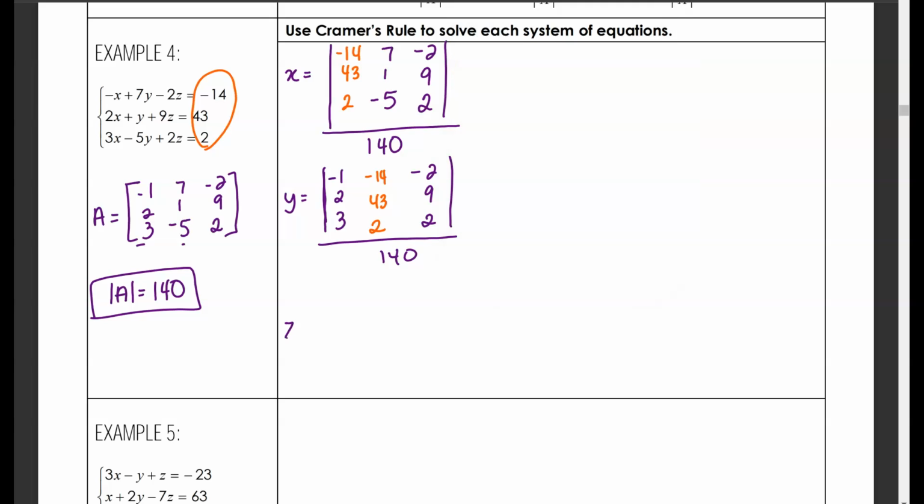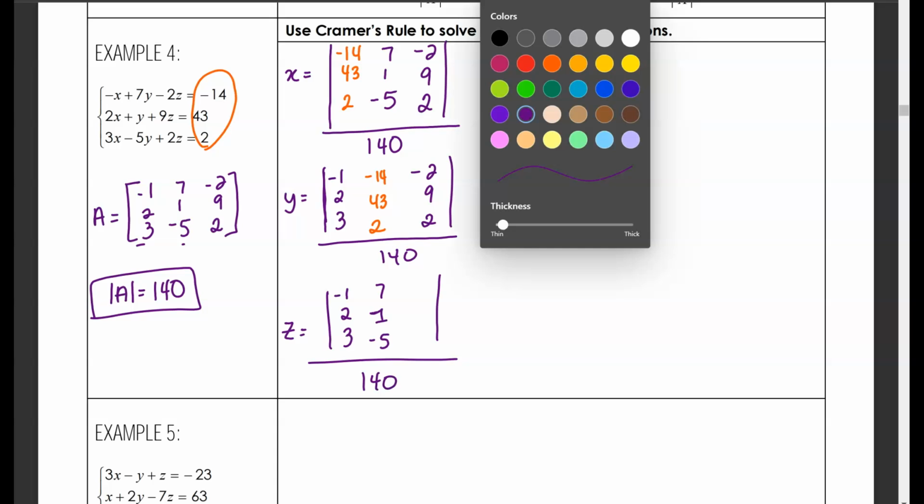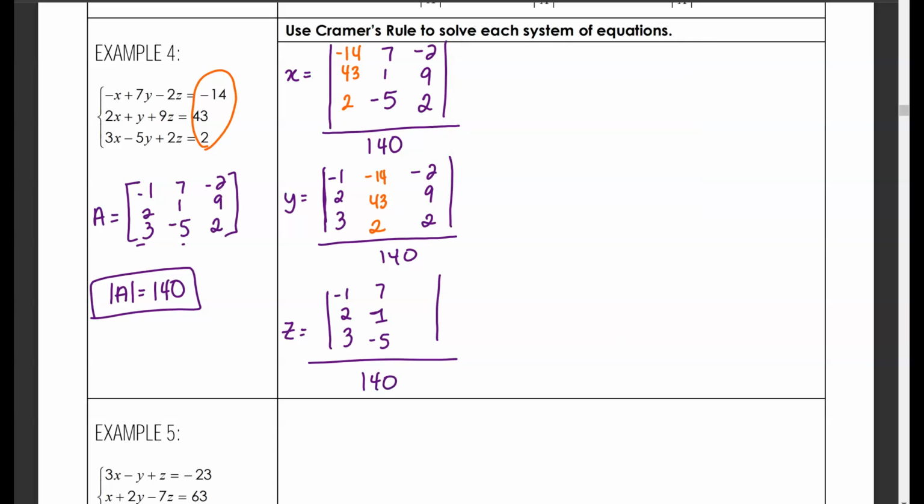Lastly, we're going to have the z's. We're going to have negative 1, 2, 3, 7, 1, negative 5, all over 140, and we're going to replace the z column with negative 14, 43, and 2.